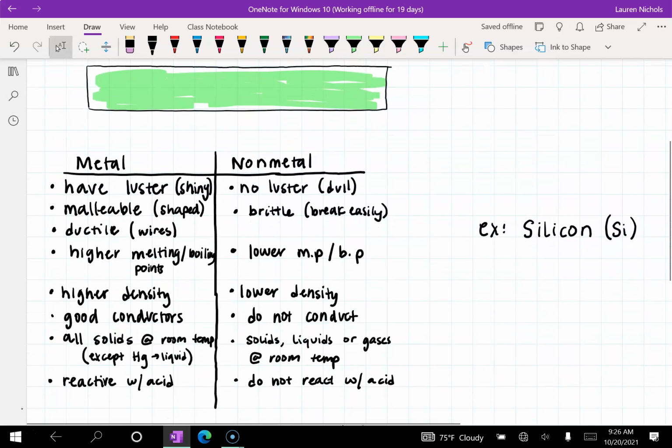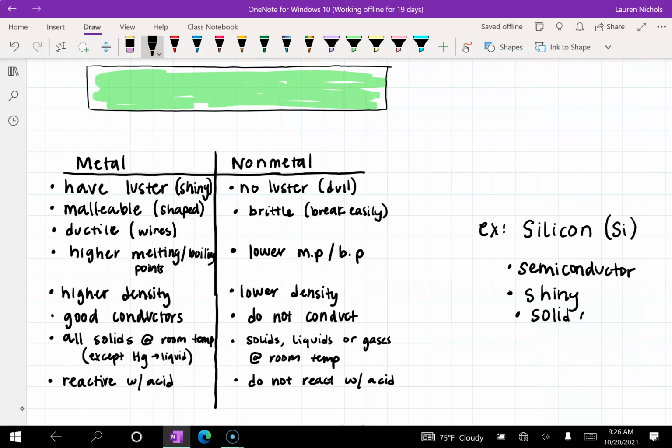Now silicon has a couple of properties. It's considered to be a semiconductor, which means it can conduct electricity, but it doesn't conduct a lot of it. So it's just a semiconductor. It's kind of conductive. It's shiny. It's a solid at room temperature. And it is also brittle.